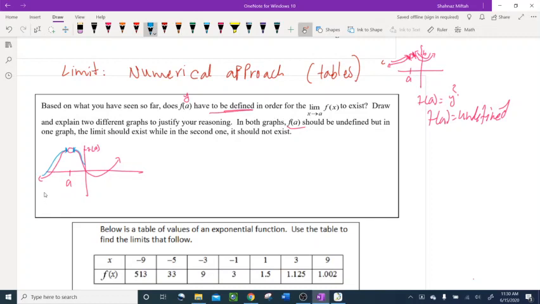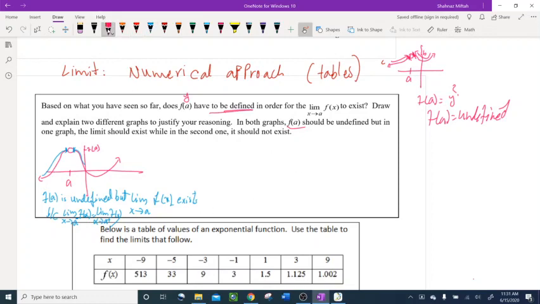I'm going to say f of a is undefined, but the limit as x approaches a of f of x exists, because the limit as x approaches a from the left of f of x is equal to the limit as x approaches a from the right of f of x. So yes, the limit does exist.